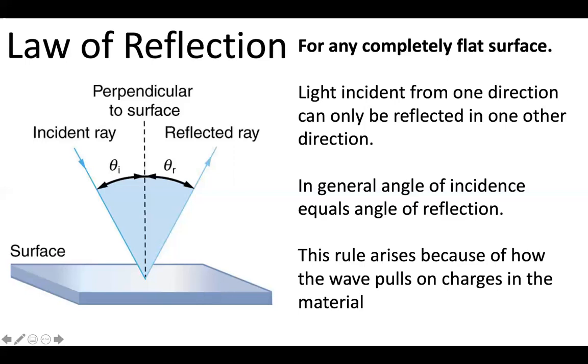And it arises because the electric and magnetic fields from this particular wave pull on the charges in this flat surface in a very specific way. And those moving charges that start sloshing back and forth produce radiation that can only go in one direction if the surface is completely flat.